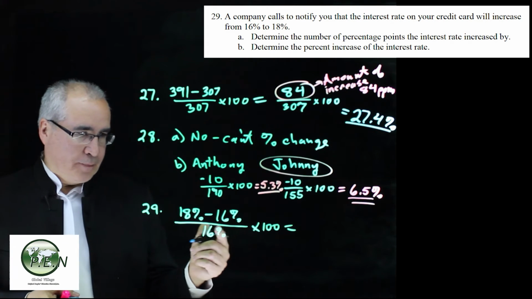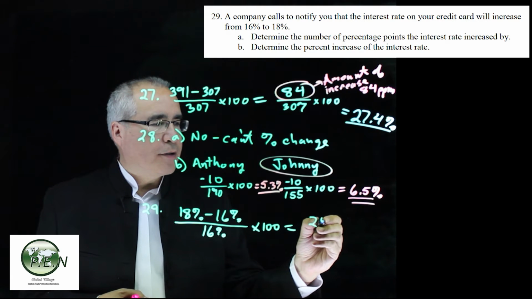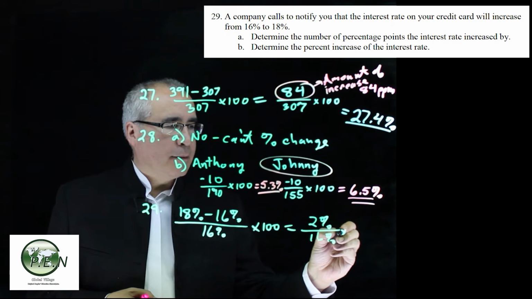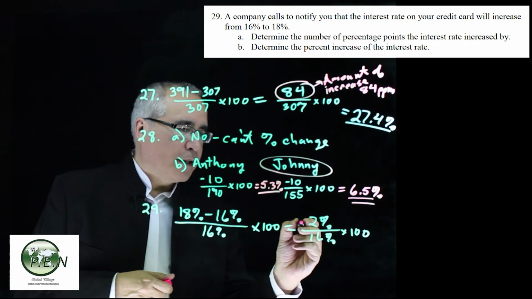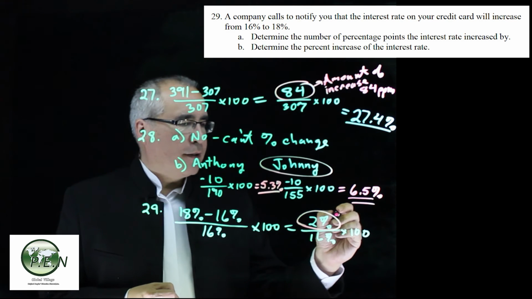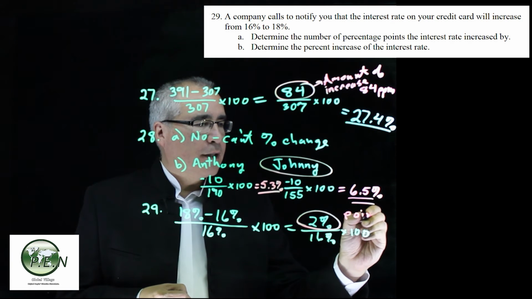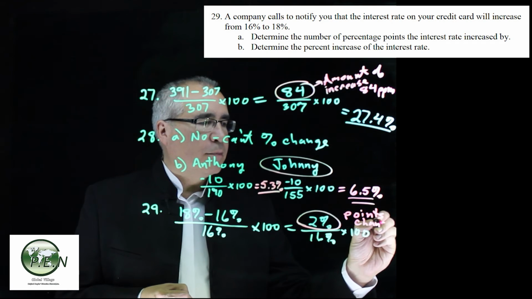And as we do the top part of the fraction, like this calculation, we get 2% over 16% times 100. And this part of the calculation so far, the 2%, that is the percentage points of change. So 2% or 2 points. Change went up by 2 points.